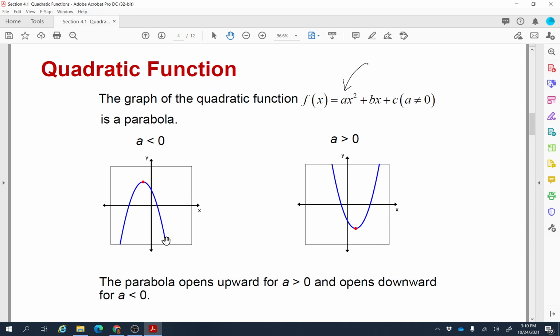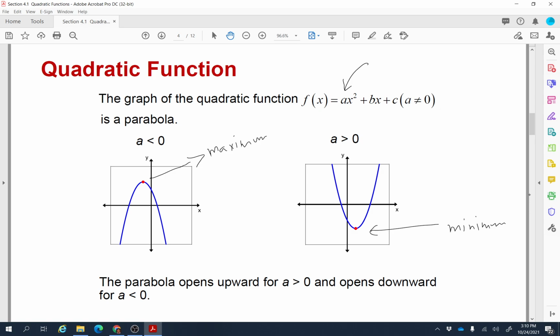It opens downward, opens upward. If you look at these graphs, for the first graph there is a point, this point, which gives you the maximum value of that function, and for the second there is a point here that gives you the minimum value of that particular function.